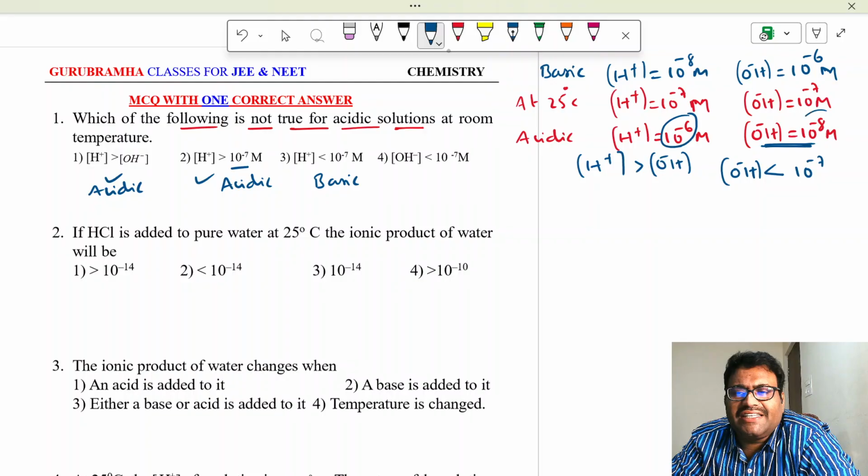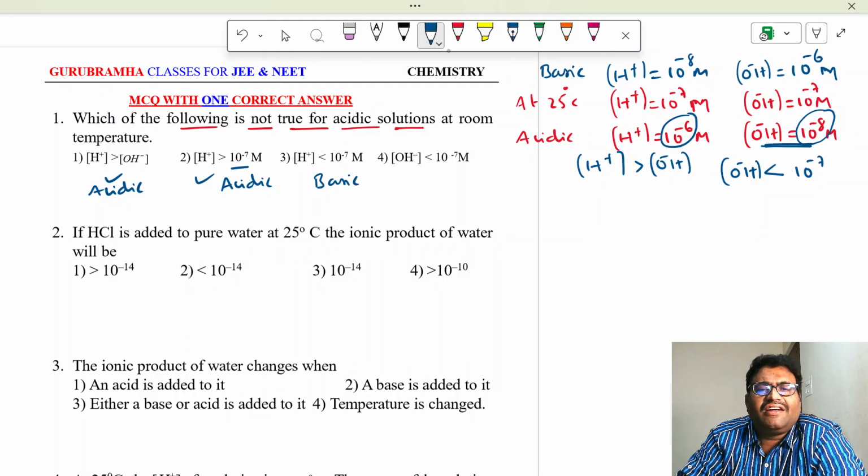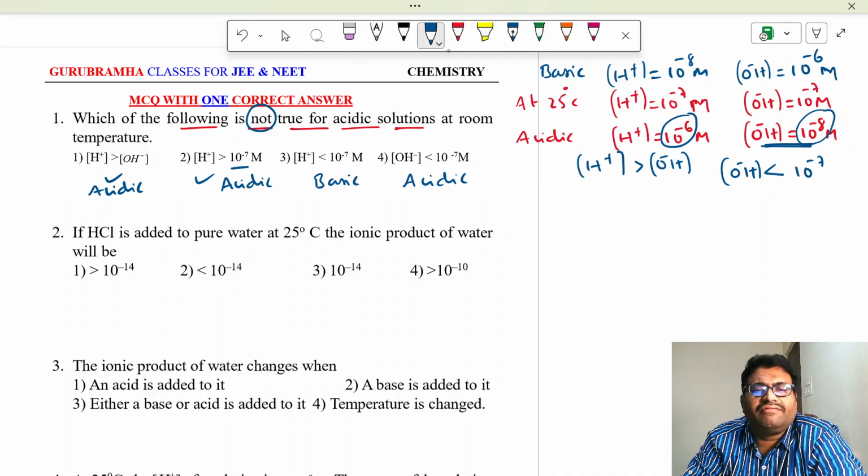It is less than 10 power minus 7, right? So this will not be true for acidic condition. Why? Because H plus ion concentration must be greater than 10 power minus 7 at room temperature. Room temperature is 25 degrees centigrade or 298 Kelvin.